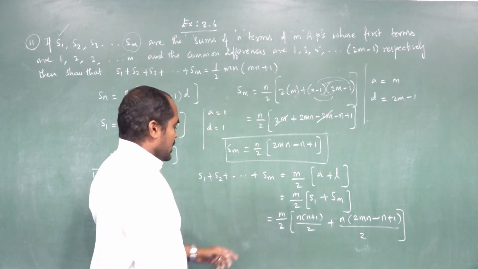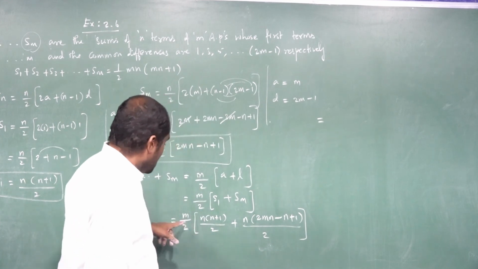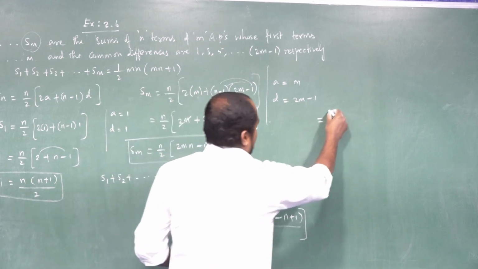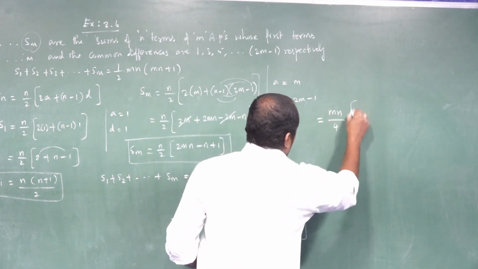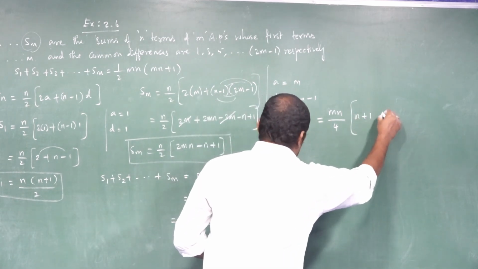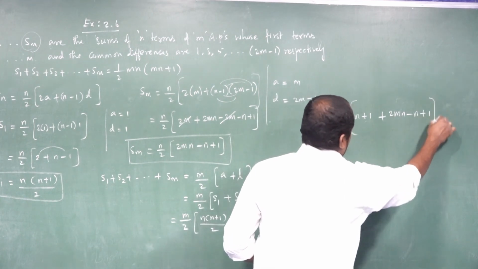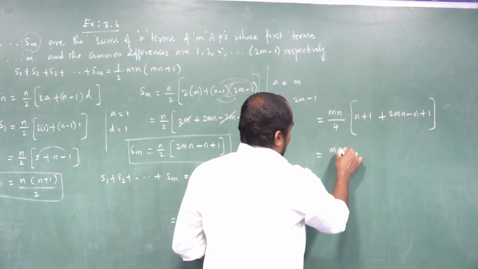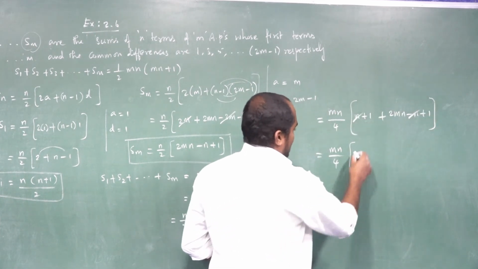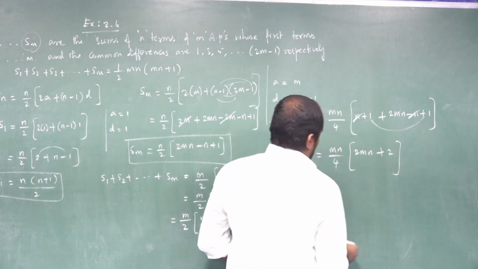So take m by 2 outside. m by 2 and n by 2 is common, so take outside. This is mn by 4 of n plus 1 plus 2mn minus n plus 1. This is equal to mn by 4 of, n minus n cancel, you get 2mn plus 2, since 1 plus 1 is 2.